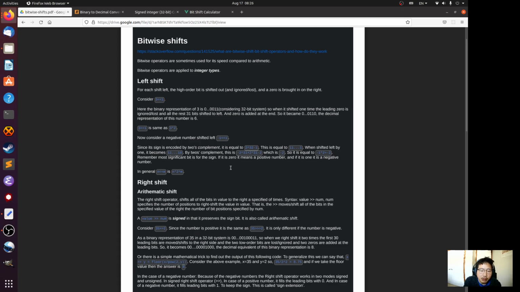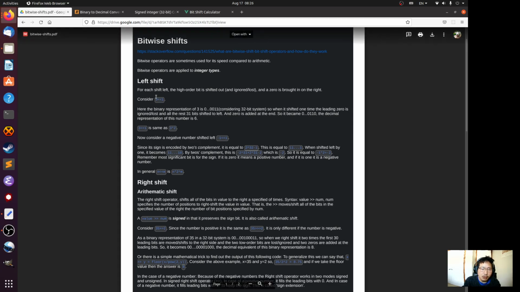In doing so, you will lose the higher order bits, and 0 is padded to the right to compensate.